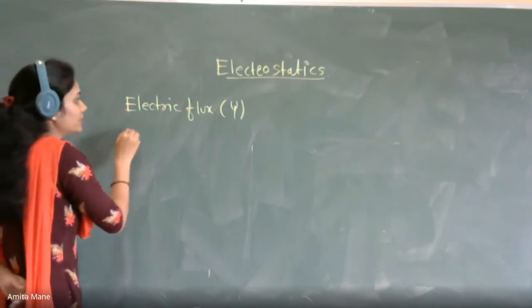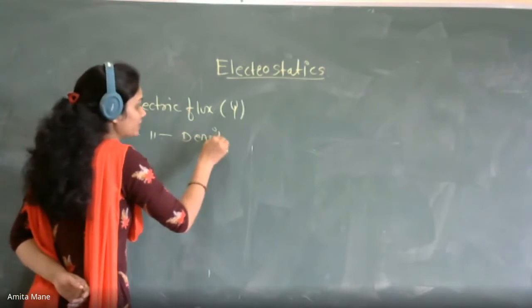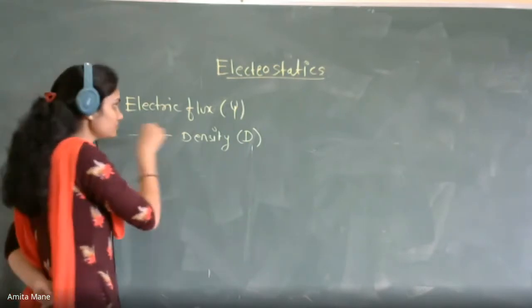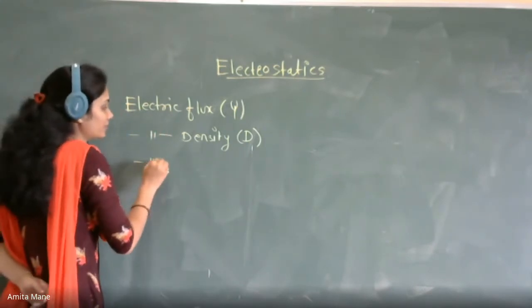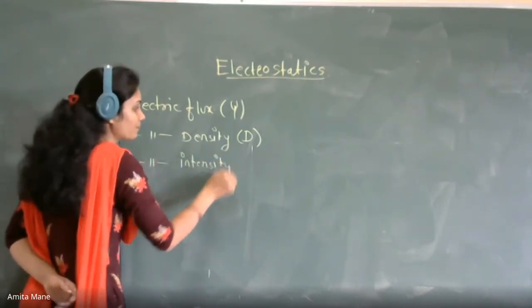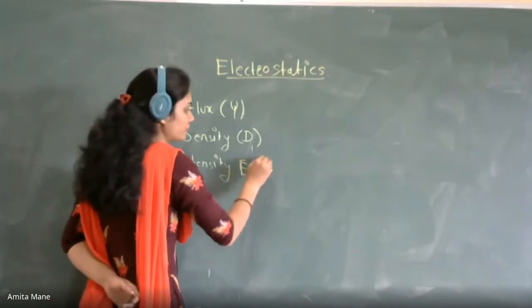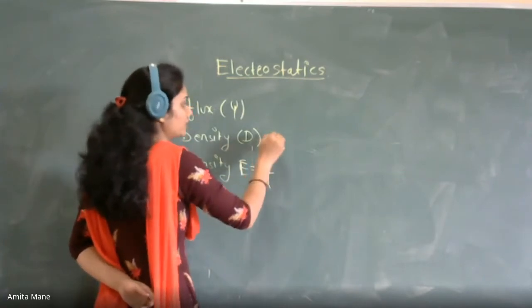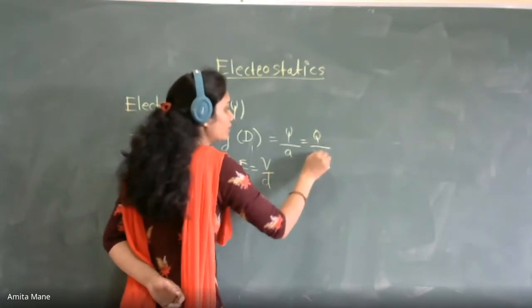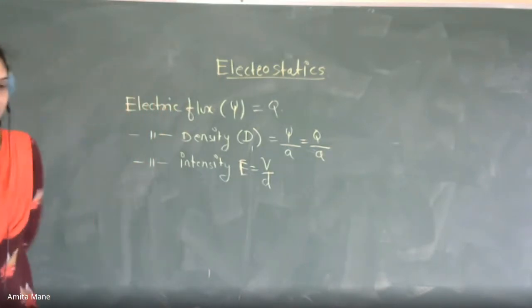Next is the electric flux density, D. And what else? Intensity. The electric field intensity is E. Okay, anything left?